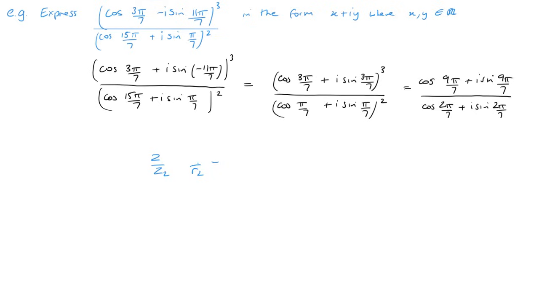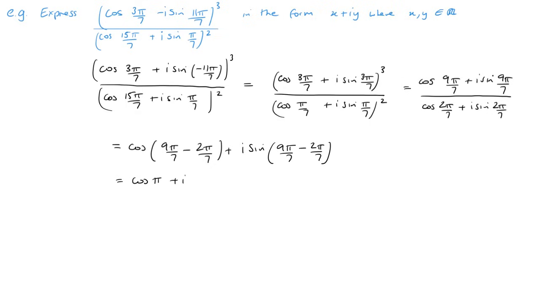But basically what I'm going to end up with is cos of 9 pi over 7 minus 2 pi over 7 plus I sine 9 pi over 7 minus 2 pi over 7. This will leave me with cos of pi plus I sine of pi.